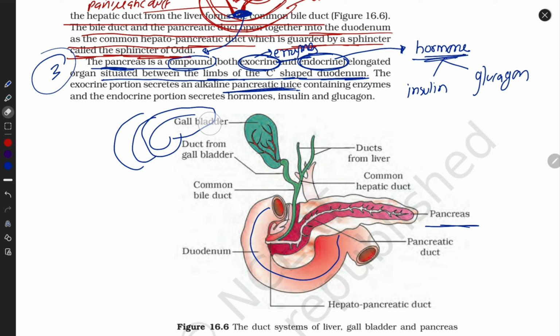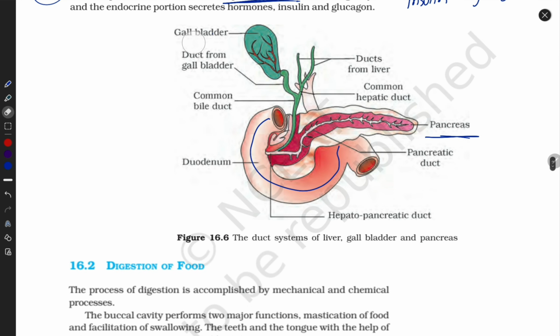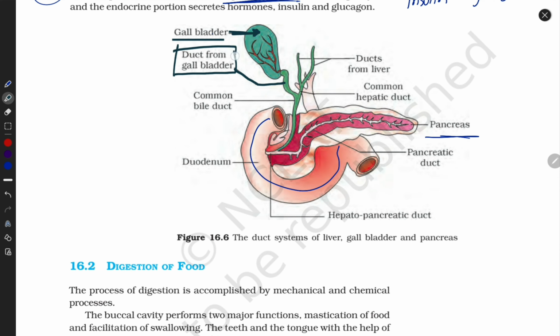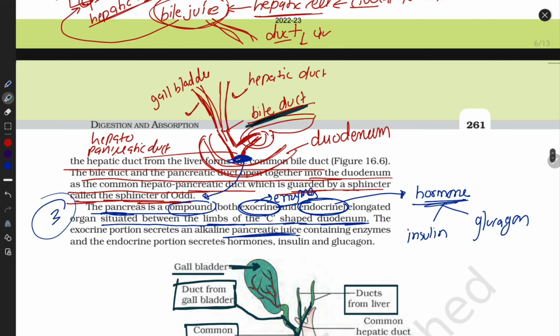This is the structure of the gallbladder. Look here, is it visible? This is the gallbladder, and this is the duct from the gallbladder. Now here the hepatic ducts come from the liver. So commonly we call it the common bile duct.